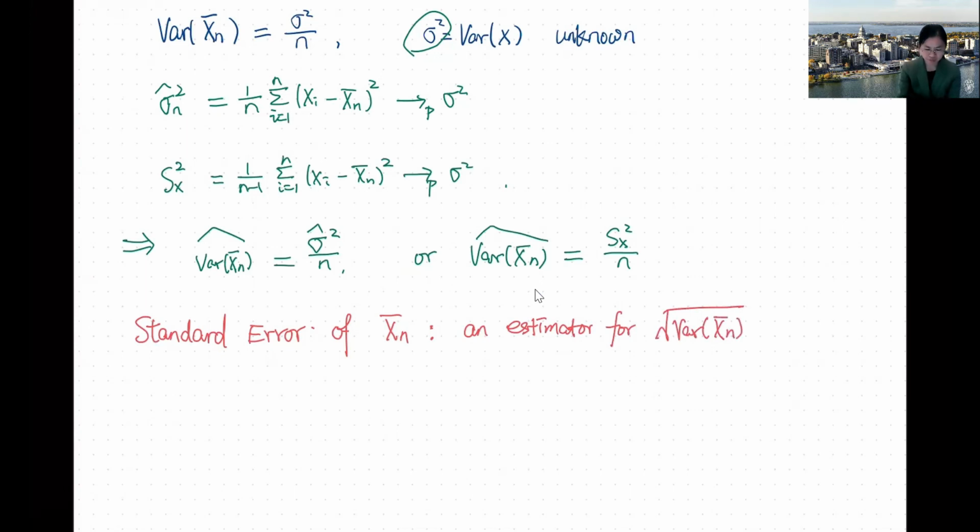In this case, if you use sigma hat squared to estimate the sigma squared parameter, then the square root of this is a standard error. If you use sx squared to estimate sigma squared, then the square root of this is the standard error.